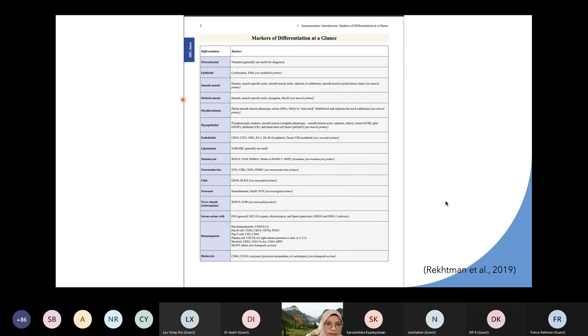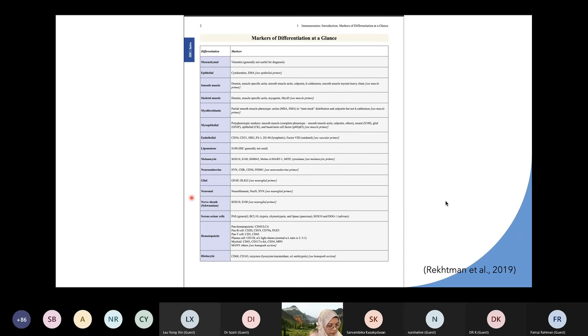For muscle, desmin or SMA for smooth muscle. Also, we have markers specific for skeletal muscles, myogenin or MyoD1. And then for neural cells, usually S100, the basic panel.